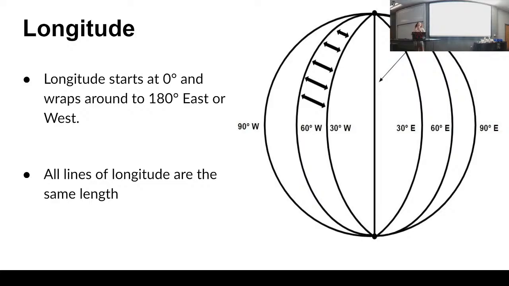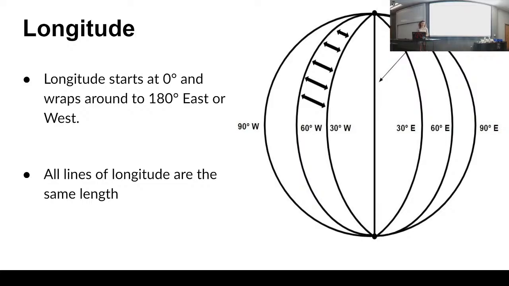So the longitude starts at 0 with the prime meridian, it wraps all the way around the world to the other side. So it goes all the way around to 180 degrees. We talked about latitude. The highest degree of latitude goes up to 90, but the highest degree of longitude is 180.